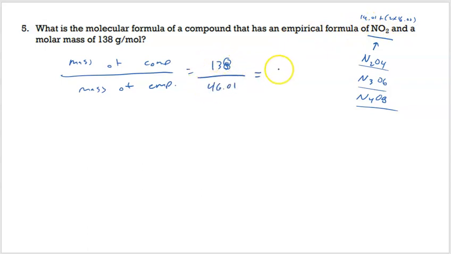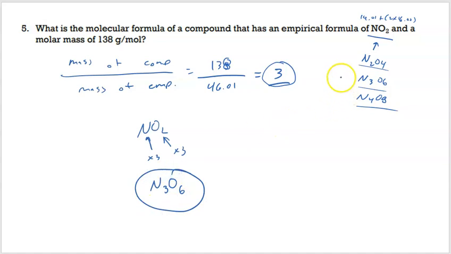If I round it off to a whole number, I get 3. So I'm going to take this factor of 3 and multiply it by the subscripts. I have NO2, and I multiply that by 3 and that by 3, so what I get is N3O6, which is my molecular formula.